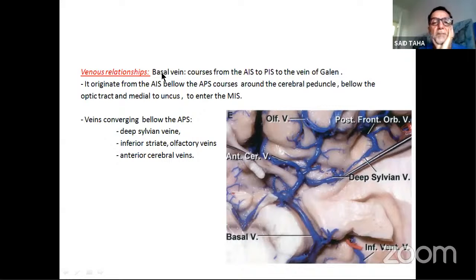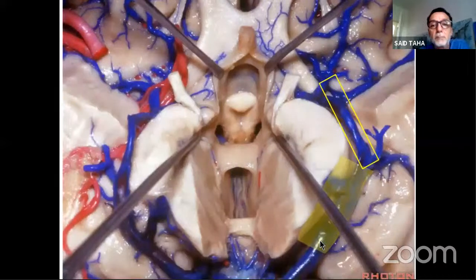It originates from the anterior incisural space below the anterior perforated substance here, and drains the deep Sylvian vein, inferior striate vein, olfactory veins, and anterior cerebral vein.